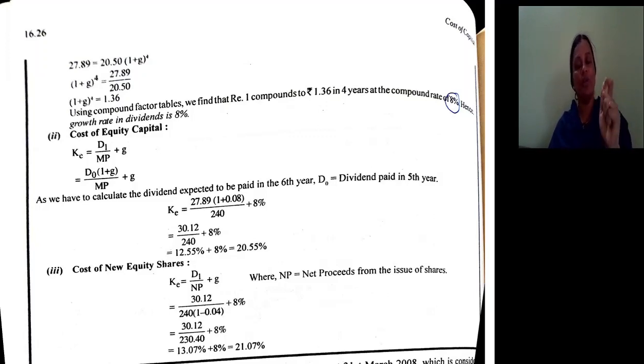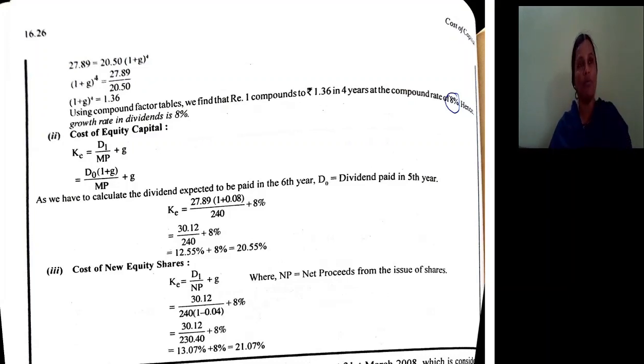The table will have years given vertically, percentages given horizontally, and the compound value factor for each percentage over the years.